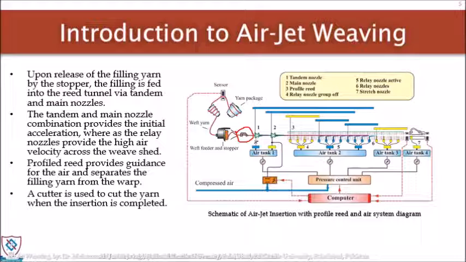From here, the yarn is fed to this tandem nozzle and this main nozzle. They both provide our initial acceleration. Then the yarn is presented to the relay nozzles in the channel of the reed, and the relay nozzles number 3, 4, 5, 6 release the pressure, and this tank 3 is shown in yellow.